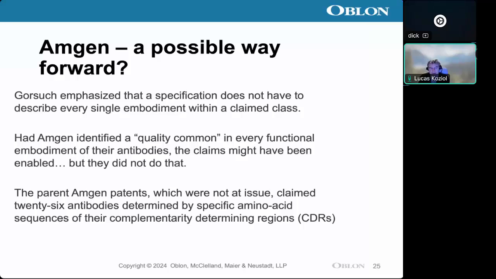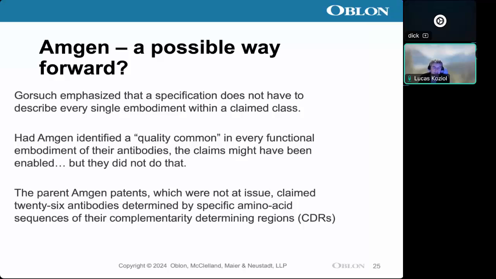However, in Amgen's earlier patents, which were not at issue here and were allowed, Amgen had claimed a set of 26 antibodies by specific amino acid sequences in a part of the antibody called the complementarity determining region, or CDR, which is the important part of the antibody that binds to the PCSK9 protein.